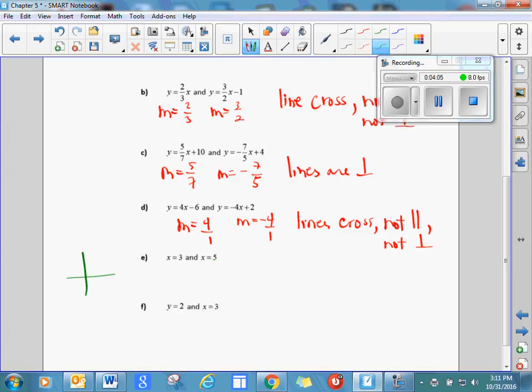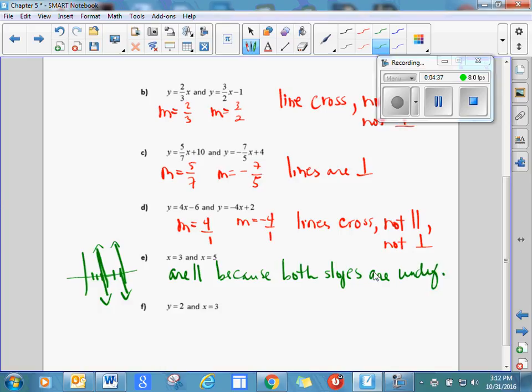X equals 3. 1, 2, 3. That's a vertical line. Its slope is undefined. Here's x equal to 5. Vertical line, slope undefined. But they are equidistant apart. So these lines are parallel because both slopes are undefined. They have the same slope, an undefined one.